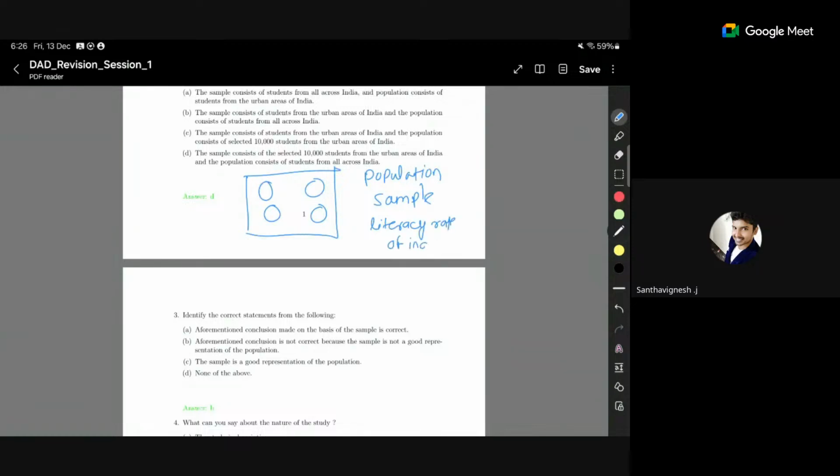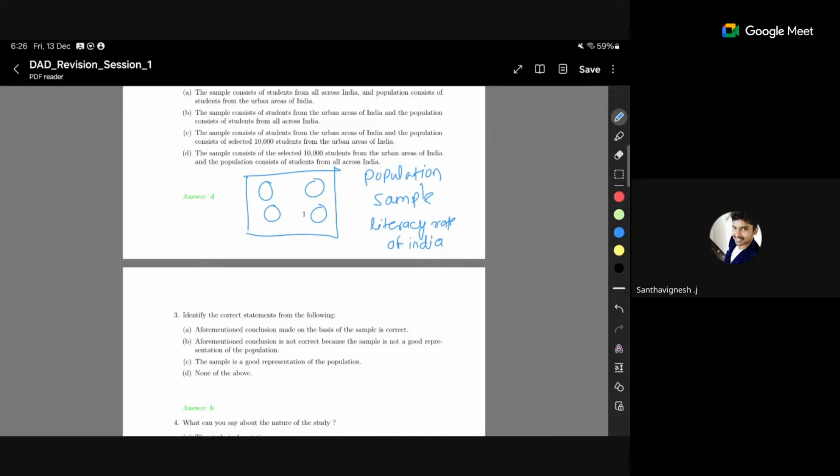You can't collect all the people's literacy rate. You can't go to each and every person. That is not possible, and even if you do, it is very costly. So we can't always do it in most cases.